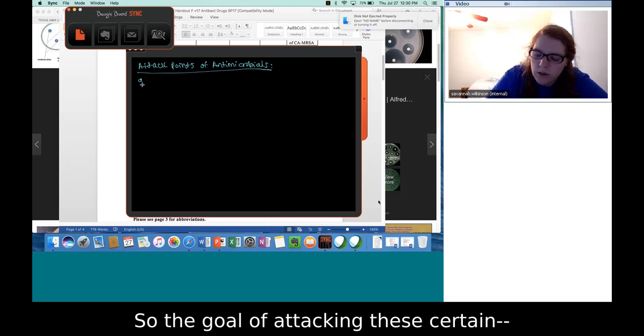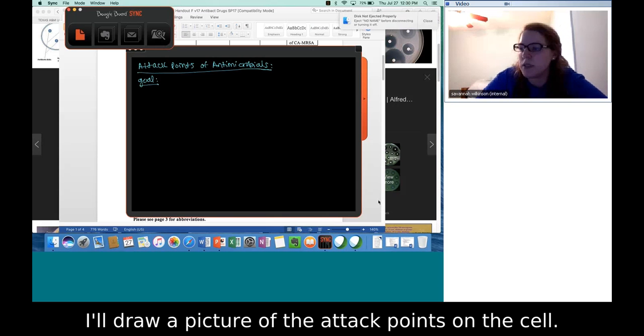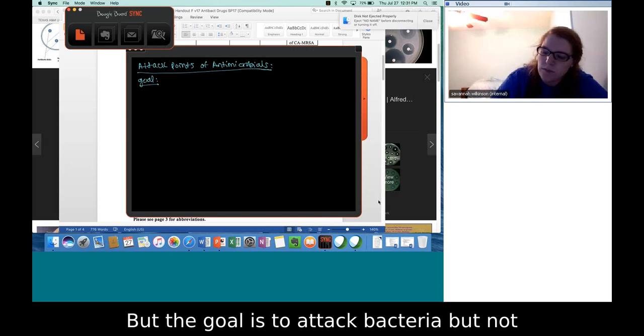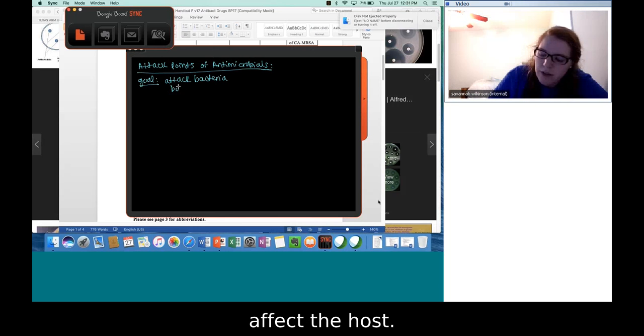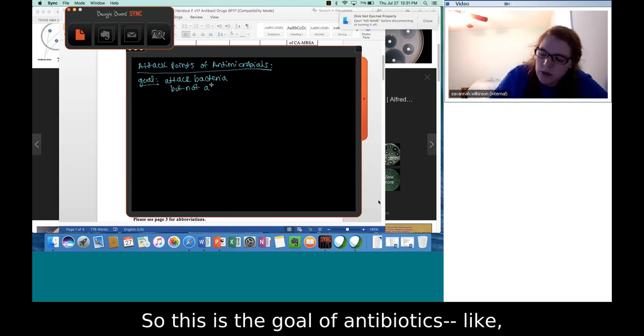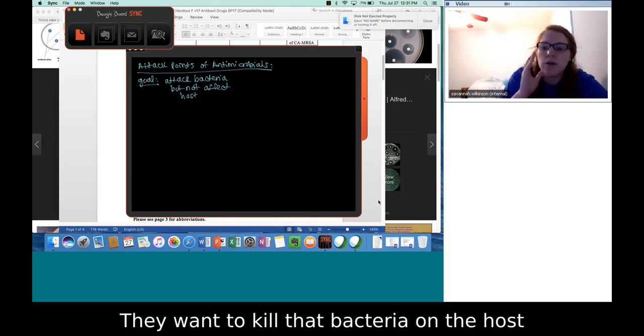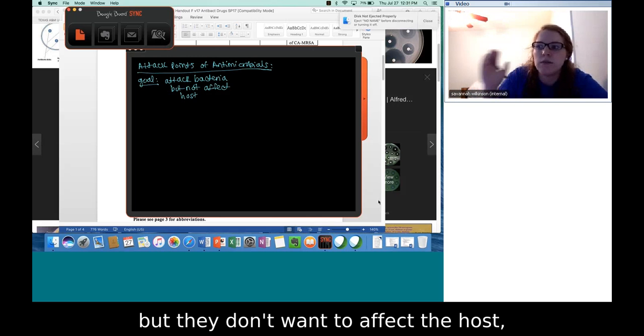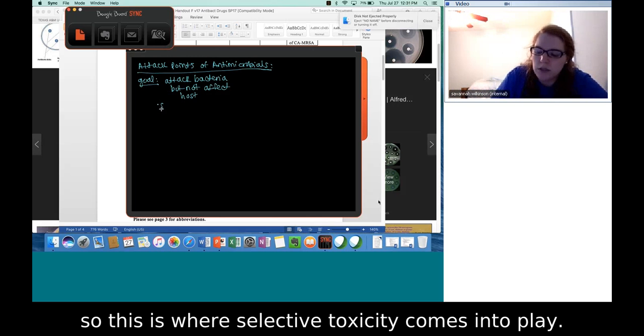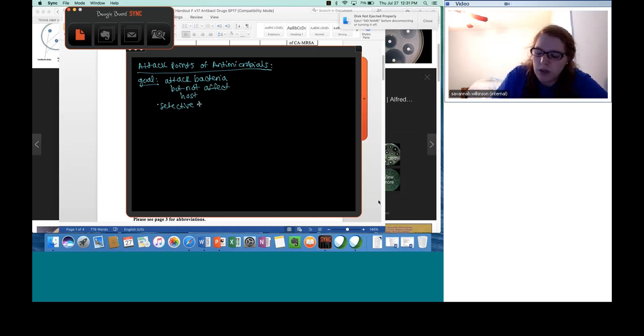So the goal of attacking these certain points, I'll draw a picture of the attack points on the cell, but the goal is to attack bacteria but not affect the host. So this is the goal of antibiotics, where those antibiotics are affecting the cell. They want to kill that bacteria in the host, but they don't want to affect the host. So this is where selective toxicity comes into play.